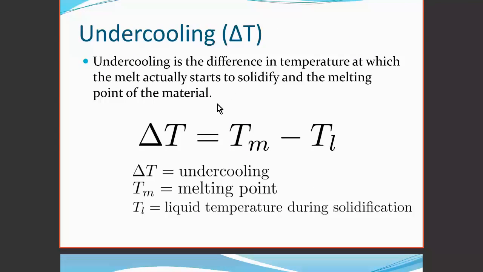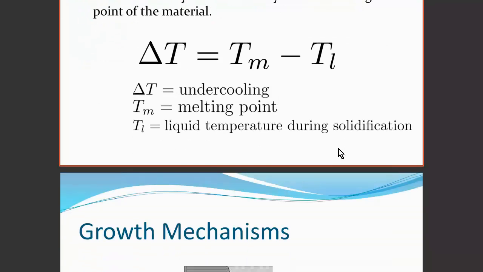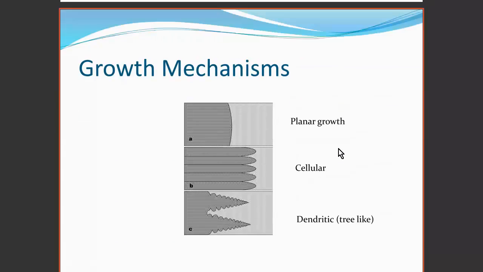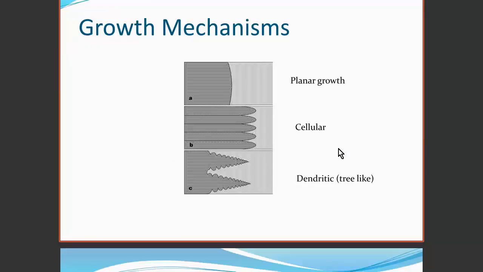The concept of undercooling is important, and I have written it as an equation here. The amount of undercooling is equal to the melting temperature minus the temperature of the liquid at the point of solidification. The undercooling has a large effect on the mechanism and the morphology of the growth of the solid.